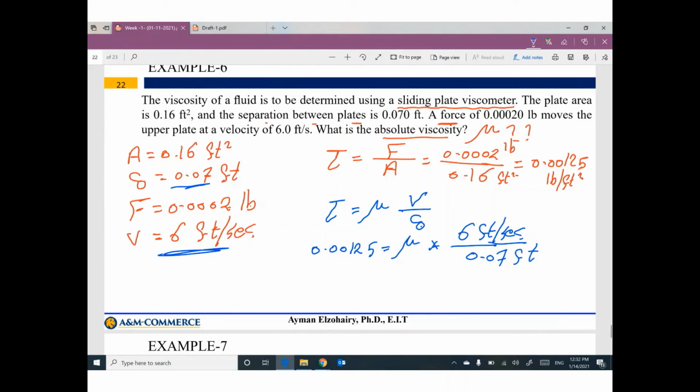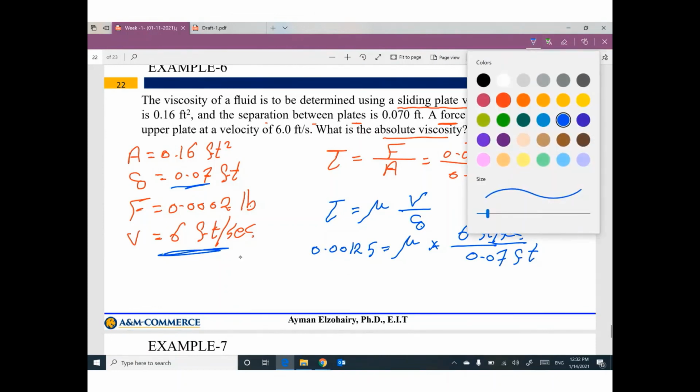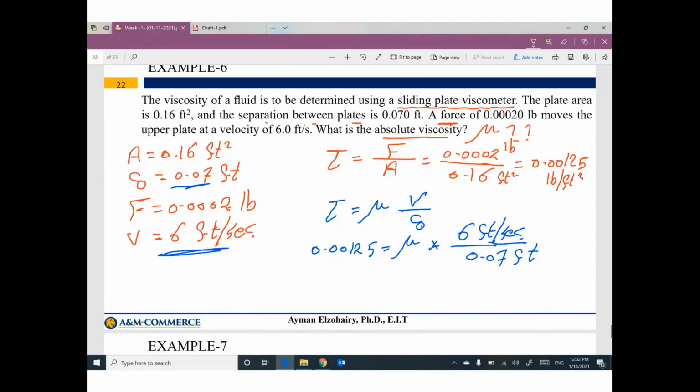Before starting to figure out the value of mu, do you think your units are consistent? Is this tau in pound per square feet? I believe yes. Everything in feet, everything in pound, everything in second. So the only unknown is mu. So I can figure out the value, which is 0.00145.